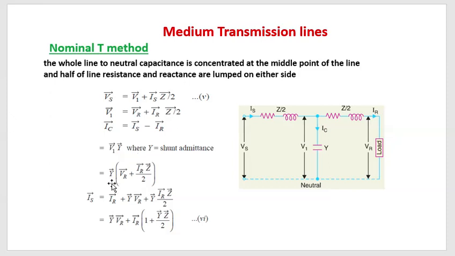And this equation is basically for the capacitance current IC. Now we have IS is equal to IR plus Y into VR plus Y into IR into Z divided by 2, and after putting the values we get this equation, and we name it equation 6.